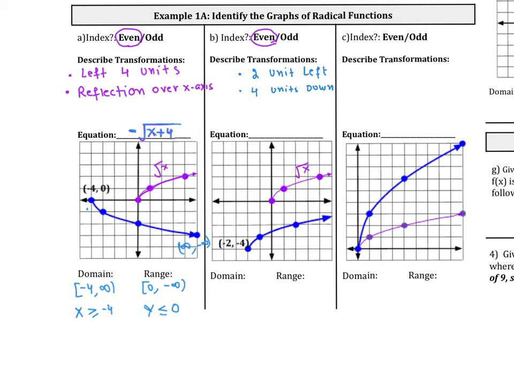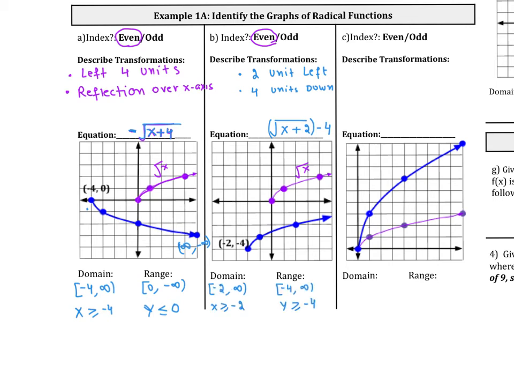So the blue function, the new function, is going to have x plus 2 inside the square root, and outside you're going to have negative 4. So square root of x plus 2, minus 4.